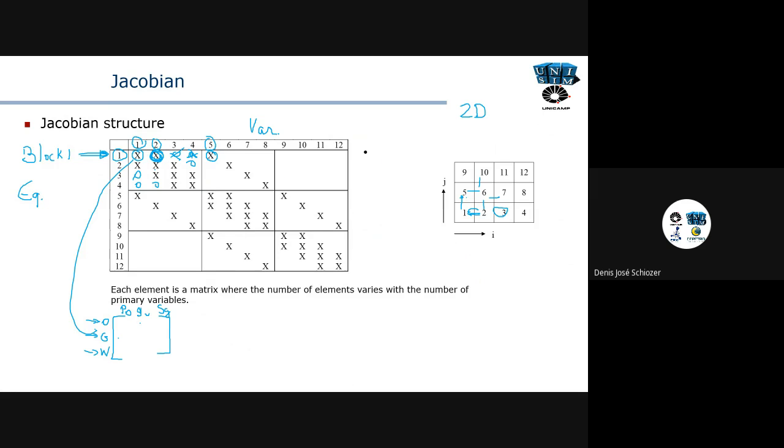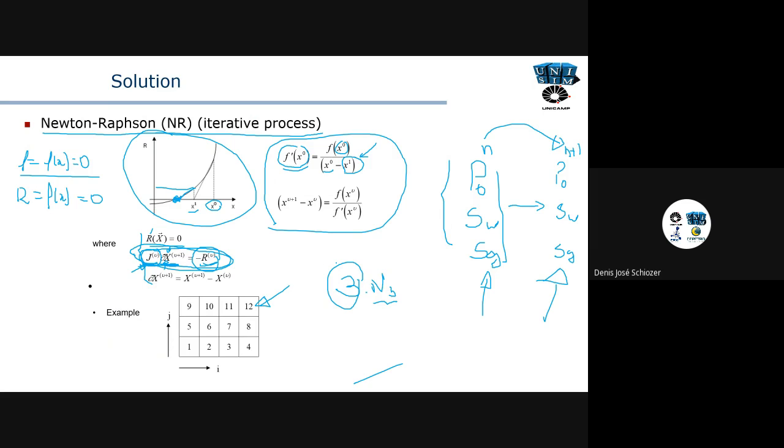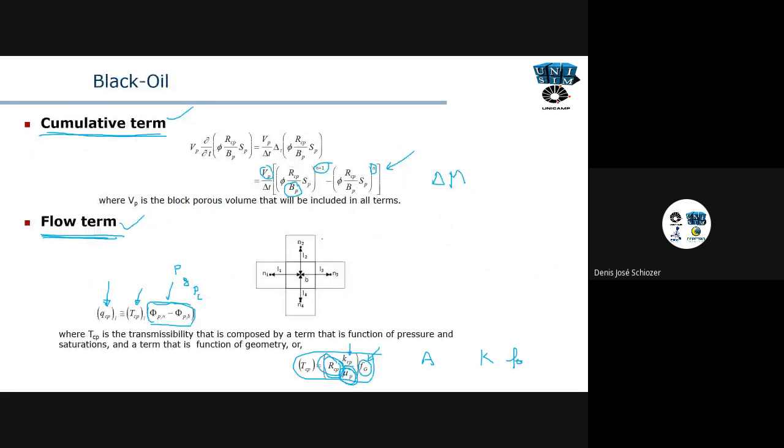So we have the diagonal because, of course, the mass conservation equations of block 1 will depend on the variables of block 1, but they also depend on the variables of the neighbor blocks. Why? Because the flux terms are a function of the potential of the neighbor blocks.